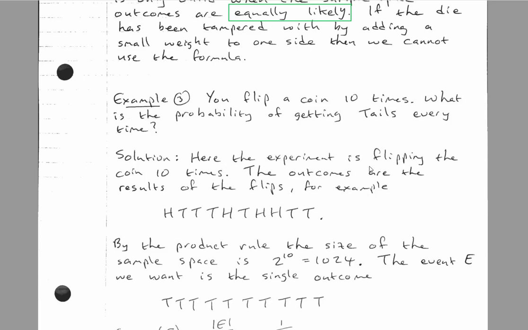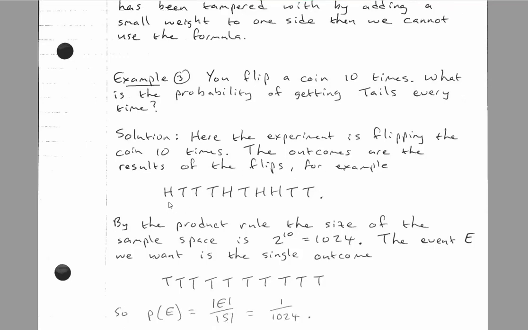The experiment here is flipping this coin 10 times. The outcomes are the results of the flips. So one possible outcome is: the first time you got a head, then tails, tails, tails, heads, tails, heads, heads, tails, tails. So this is one possible outcome from the 10 flips.